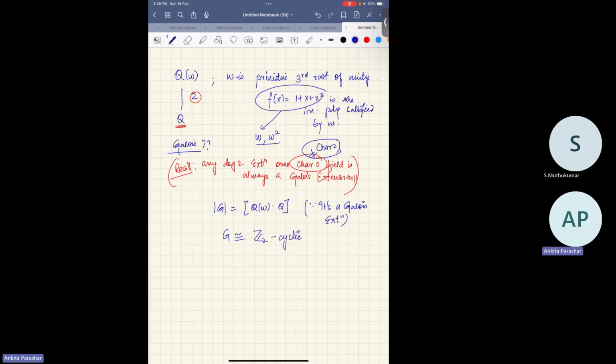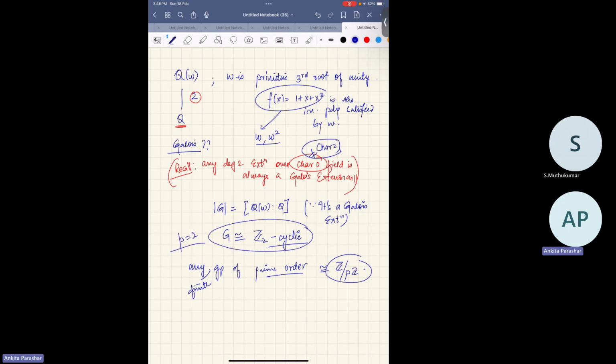And that is cyclic, right? And we know that any finite group of prime order has to be isomorphic to Z/pZ, right? Do you agree? And this is a prime, p is 2. Therefore, it has to be isomorphic to this.